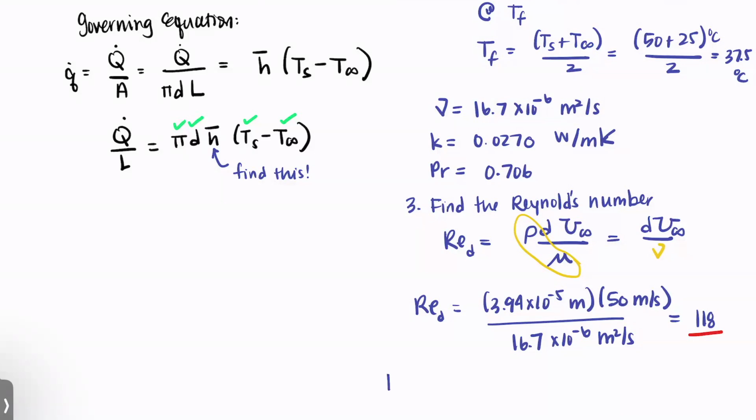So the fourth thing is we want to find out if we need bulk or locally varying coefficient of heat transfer. So do we need a bulk or varying coefficient of convective heat transfer?